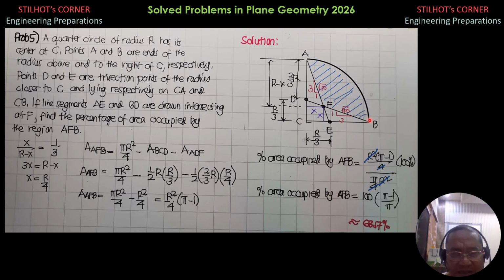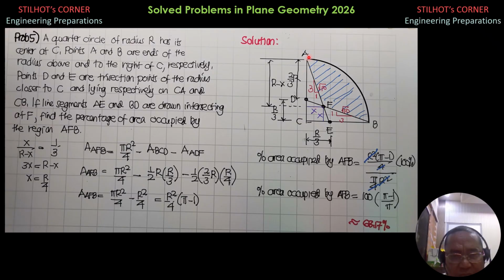This shaded area is equal to the area of the quarter circle minus the area of right triangle BCD, then minus the area of triangle ADF. Now, to solve for x, because that should be the same distance x and x by symmetry, because these are trisection points and we draw these line segments.